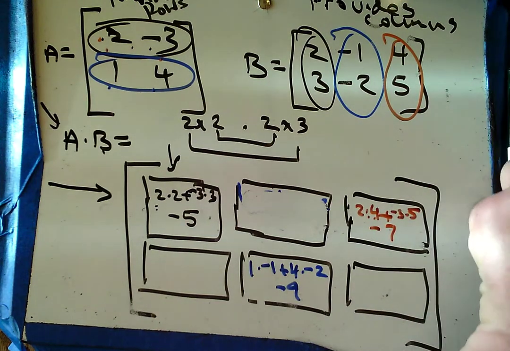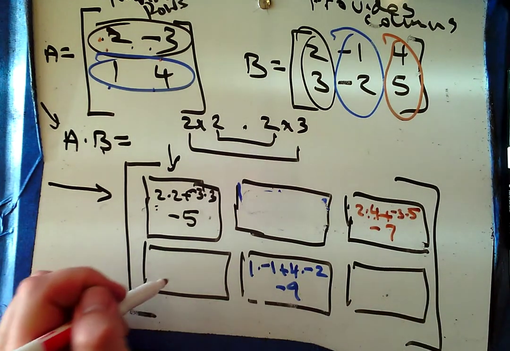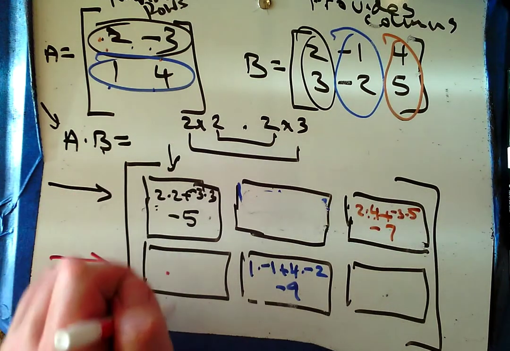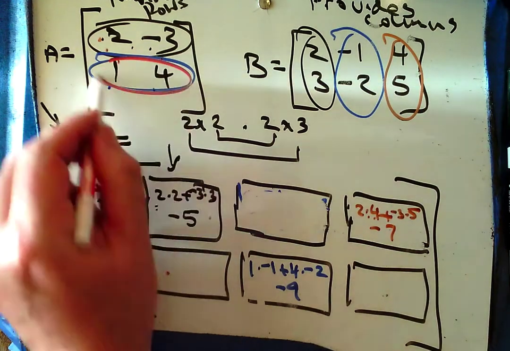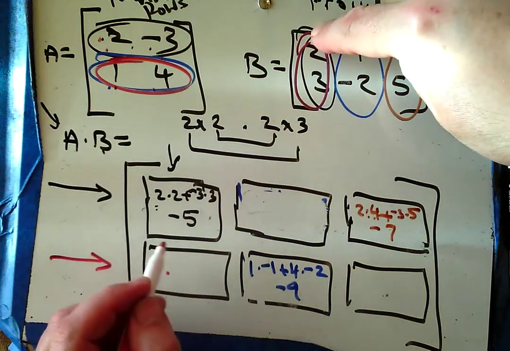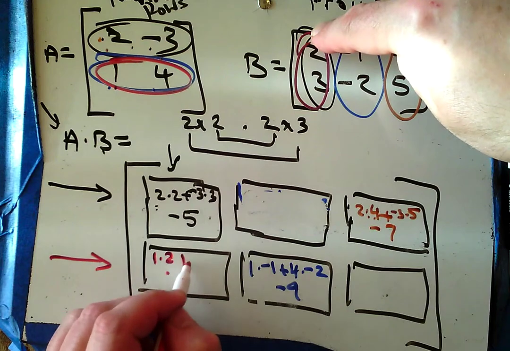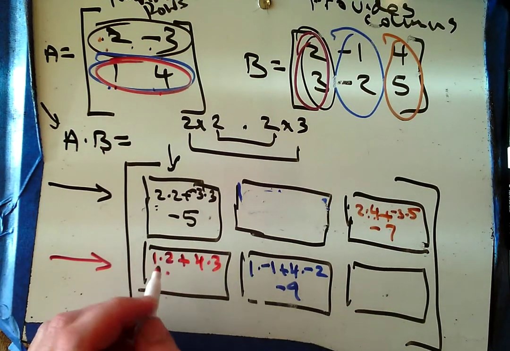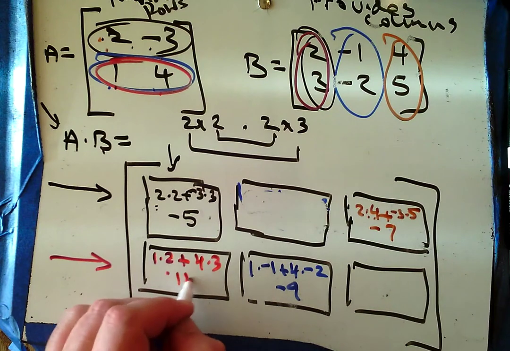If I want to fill in this cell over here, that's again in the bottom row and in the first column. So I use bottom row and first column. 1 times 2 plus 4 times 3. And we get 2 plus 12 is 14.